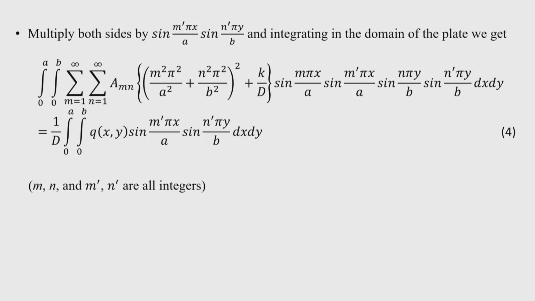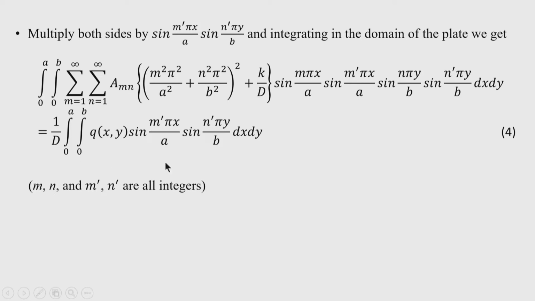So, all the terms which contain sin m pi x into sin m dash pi x by a will be the only ones retained here. Other terms, if m is not equal to m dash or n is not equal to n dash, will vanish, because by the orthogonality conditions that will be 0.